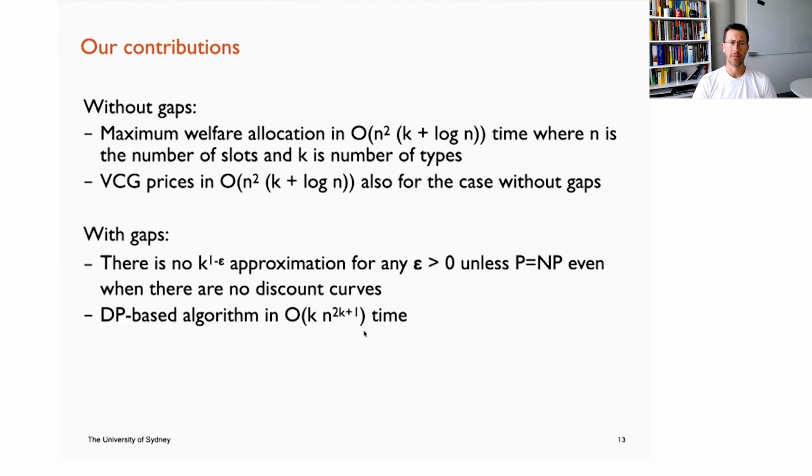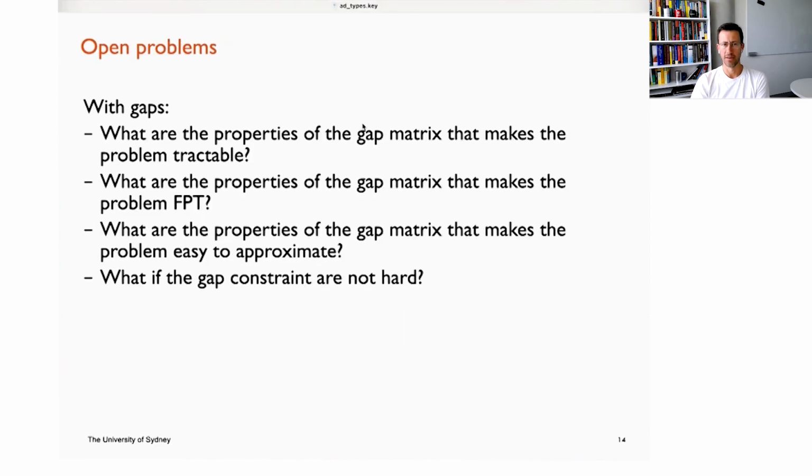For the problem of welfare maximization without gaps, we have an argument that shows that probably this is the best you can do, because there is a way of reducing a regular assignment problem to this problem by increasing the size of the graph by a factor of n. So basically, we are not losing much there.